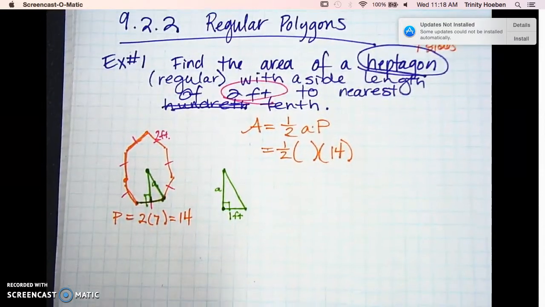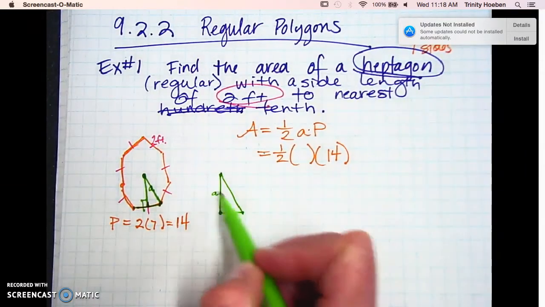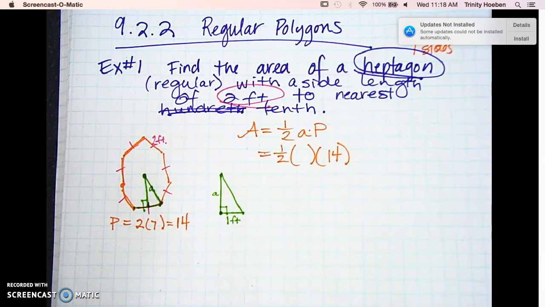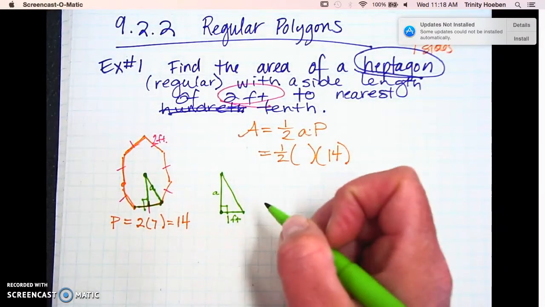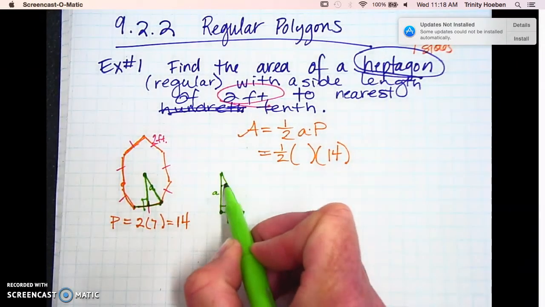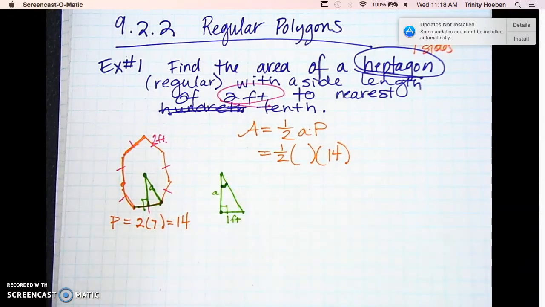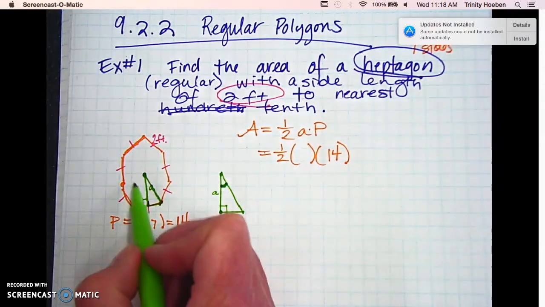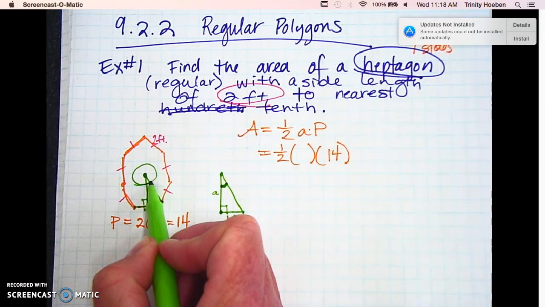We're going to be able to get the length of that apothem by using something we learned last chapter called inverse trig. Okay. So actually we're going to use regular trig. We need to get this angle right here. The way to do it is to realize that we have a full circle right here.